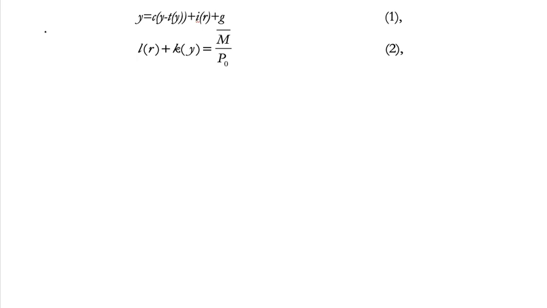So we need to use equation 1, which is the IS relation, curve or equation, and we also need LM. IS is on the product side, and this one is on the money market side, equilibrium in the money market.